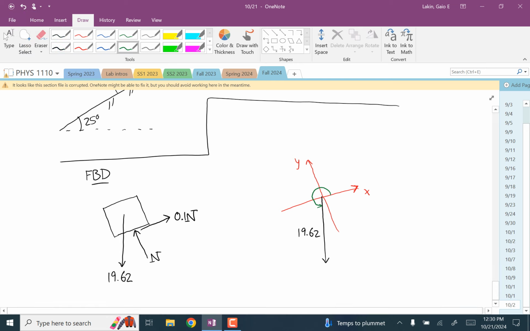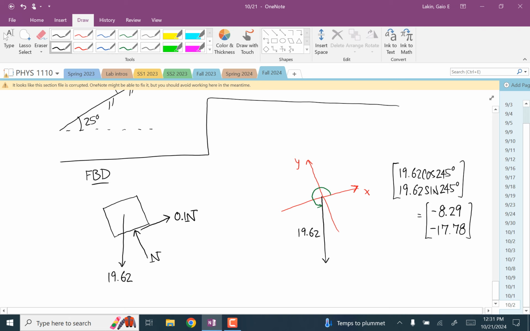And so we have 19.62 times the cosine of 245, 19.62 times the sine of 245, and you get negative 8.29, negative 17.78.